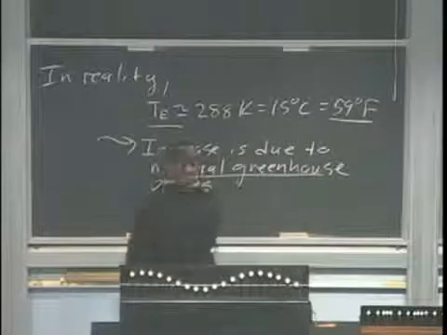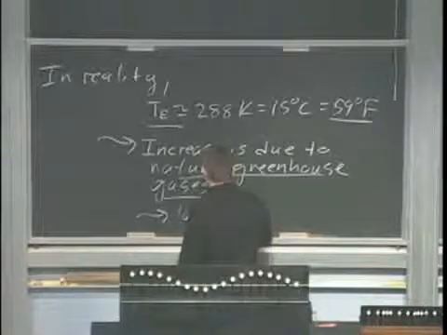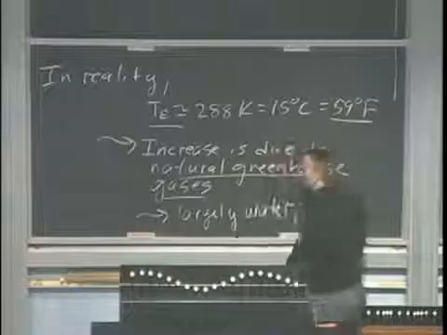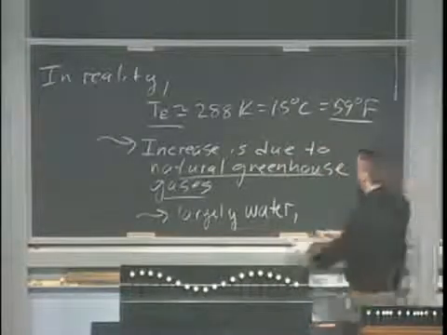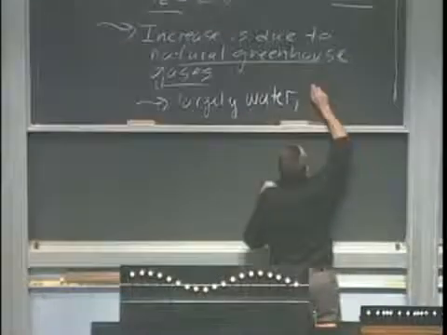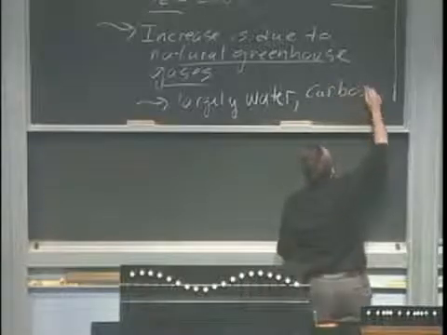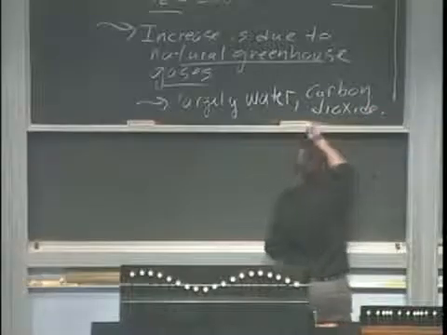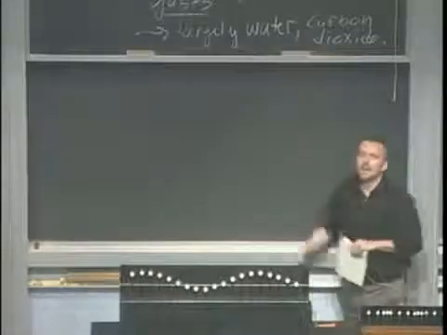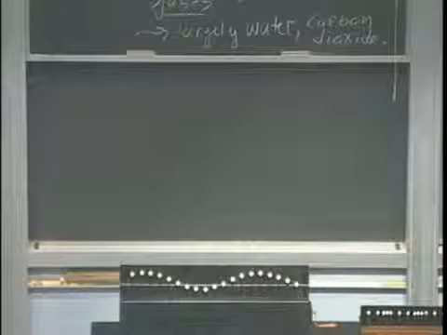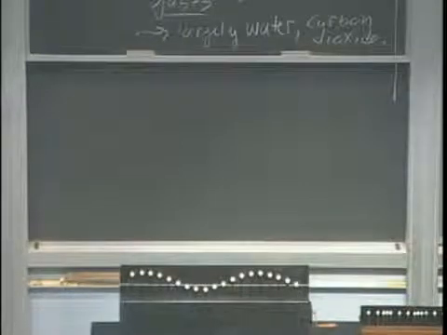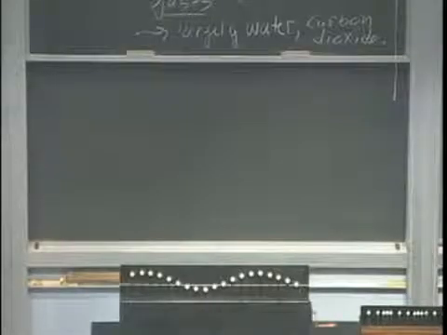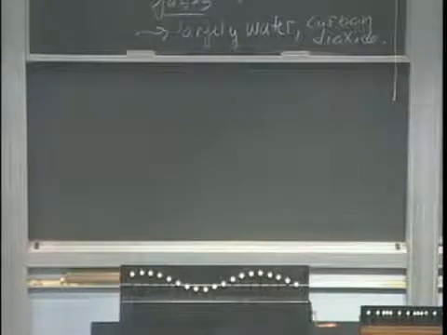Okay, and those are largely water and some carbon dioxide. Okay, we, of course, are increasing the carbon dioxide concentration quite a bit through our using fossil fuels, but there is a natural amount of carbon dioxide that comes from natural processes, primarily from plant respiration and stuff.